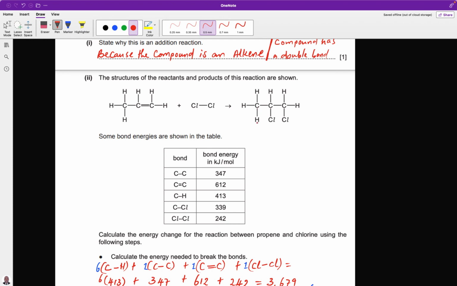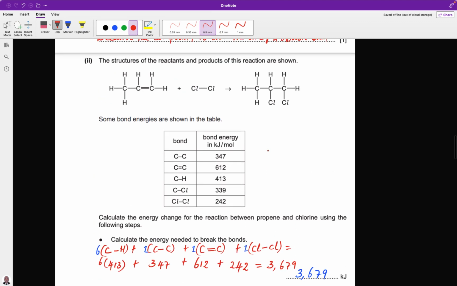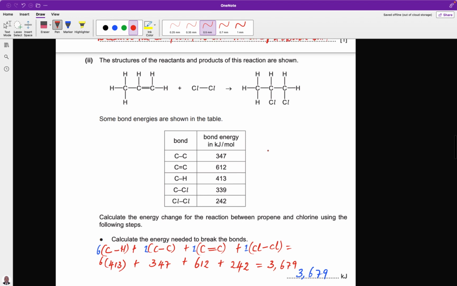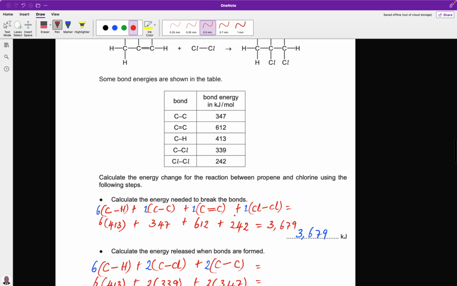For the carbon-hydrogen single bond, we have 1, 2, 3, 4, 5, 6. So carbon-hydrogen bonds, we have 6. Again in the products, the carbon-carbon single bond, we have 2 there.